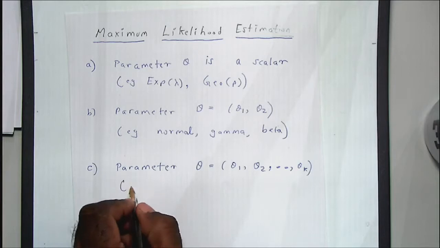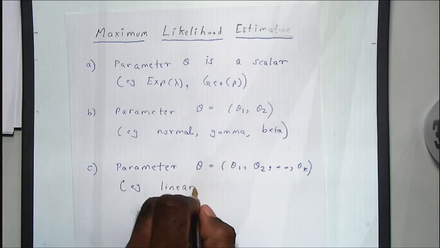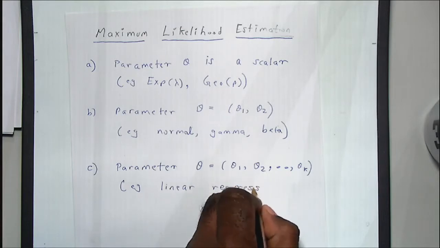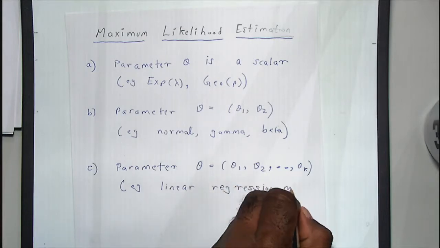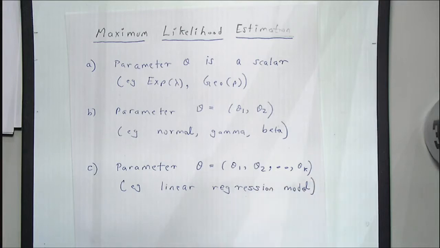In this one, an example is the linear regression model, which is an example of a model where you have any number of parameters that are not known, right?